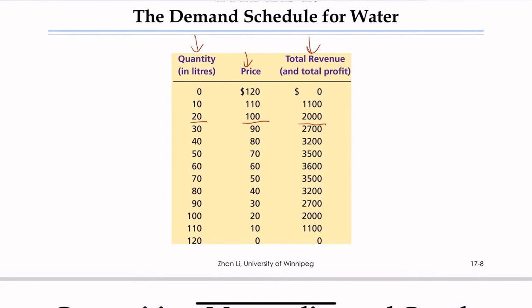We will first think about competitive market. Then we will think about the monopolist market. Then we will think about the oligopoly market with cooperation and without cooperation.